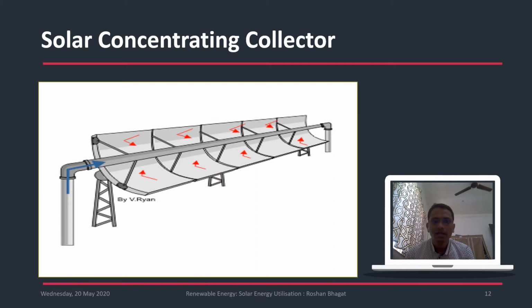The solar radiation falling on this particular reflector is reflected onto the absorber. This pipe is called the absorber. This is how the heat is transferred to the absorber, and from that the heating of the fluid takes place.